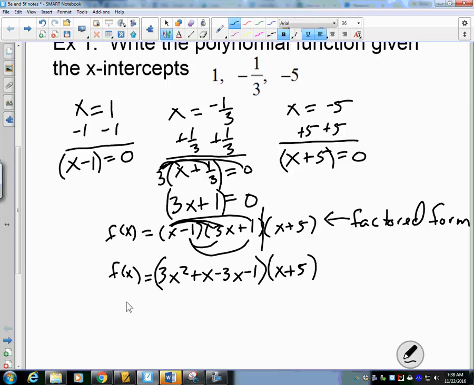I'm going to simplify that a little bit further. 3x squared, x minus 3x is a negative 2x minus 1, and then we have x plus 5.